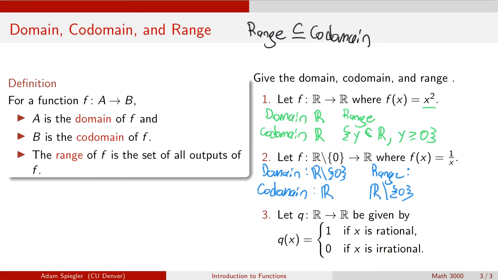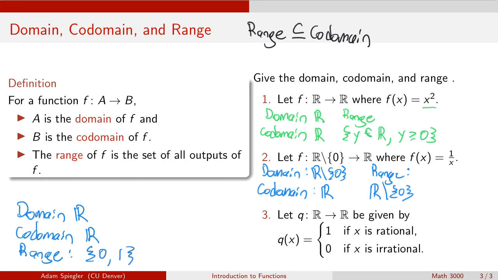So in this case, the domain is the set of all real numbers. The codomain also is the set of all real numbers, but we don't map to every element in the codomain. Rather, we only map to 2 elements, 2 real numbers, either 0 or 1. So we would say the range here is the set containing the elements 0 and 1.